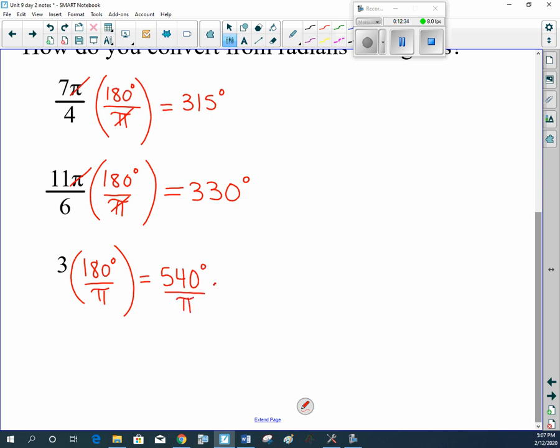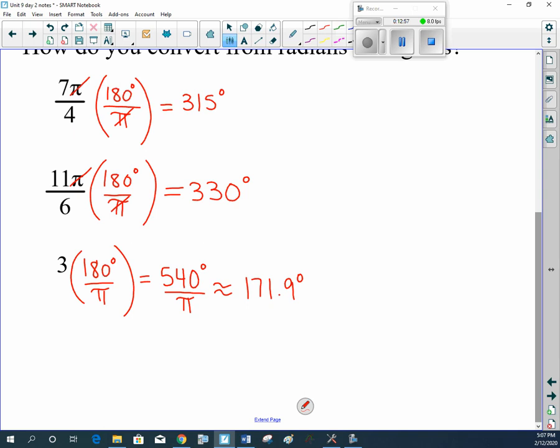You would actually continue to divide that out. So you would take your 540 and divide it by pi, and you would end up with 171.9 degrees. So 3 radians is about 171.9 degrees.